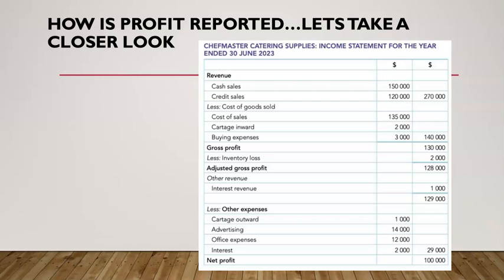But you can probably also see we have lots of different expenses, and we've put them in different parts of our income statement, and we've actually reported three different types of profit: gross profit, adjusted gross profit, and net profit. So it's clear that for us to make a really good income statement, we need to follow this same format. Hence, we need to know what these different types of profits are, why they're important, and what goes under each section.